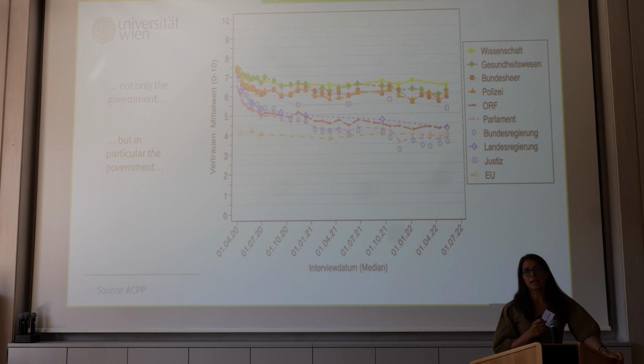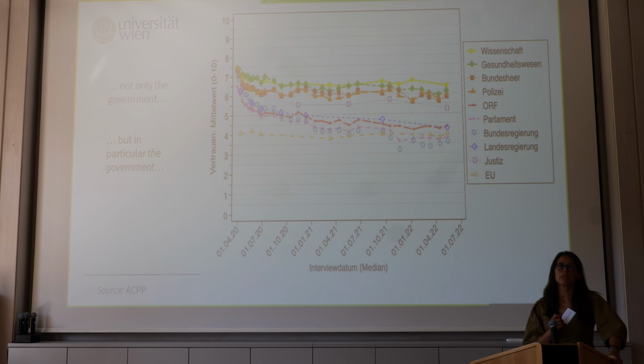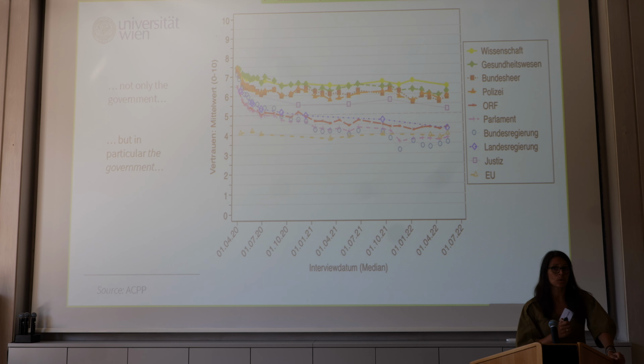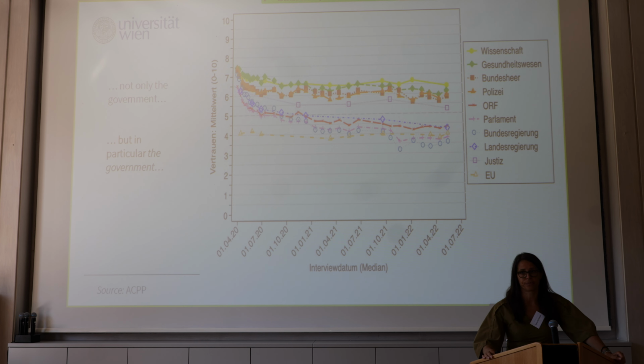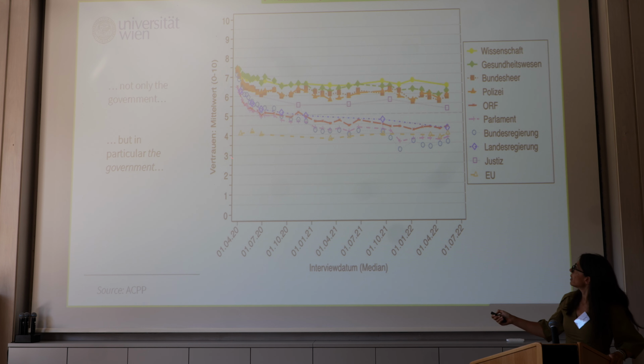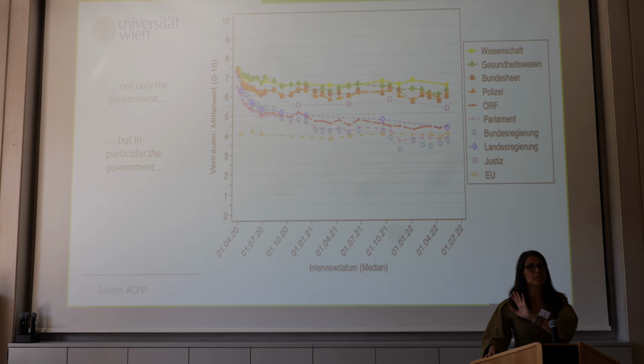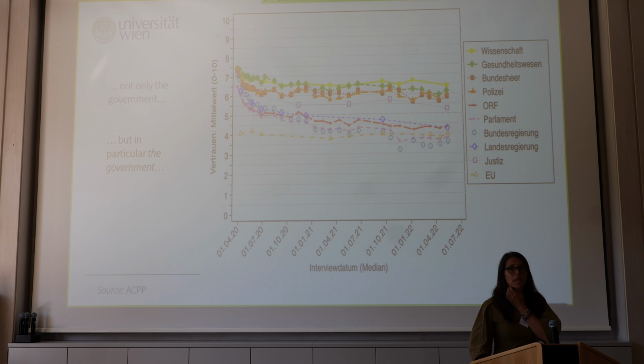And there is one thing that I would like to point out, because this is really very, very strange for an Austrian society. The trust in the Austrian parliament and the trust in the Austrian government is lower than the trust in the European Union. That has never happened before. And you see here the European Union never experienced a lot of trust, and this is something that we actually can see since the 1990s.